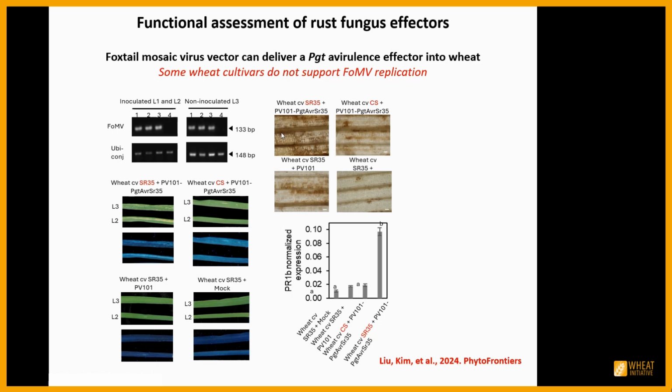By DAB staining, we see the ROS production, and also the PR1 gene, which is indicative of a hypersensitive response, is way up in the combination of the Avr gene with the cultivar that has the Sr35 gene. However, we tried other cultivars and we also checked the AvrSr50 gene, but that did not work because not all wheat cultivars support the viral replication. That is unfortunate, but that needs to be tested first if you want to test your effectors.